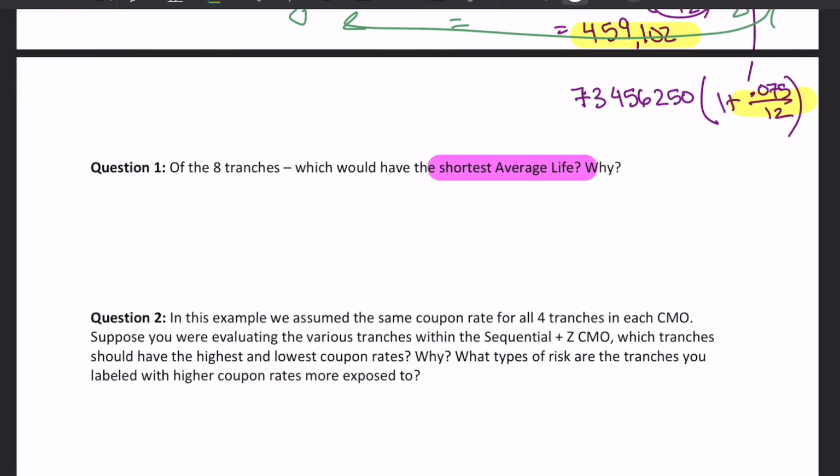The next question says, in this example, we assume the same coupon rate for all 4 tranches in each CMO. Suppose you are evaluating the various tranches with sequential plus Z. Which tranches should have the highest and lowest coupon rates? Why? What types of risk are the tranches you labeled with higher coupon rates more exposed to?